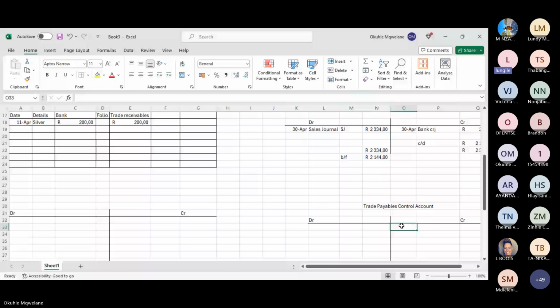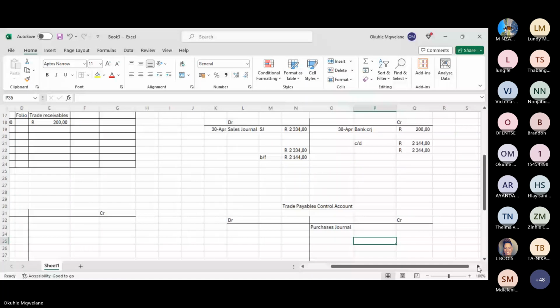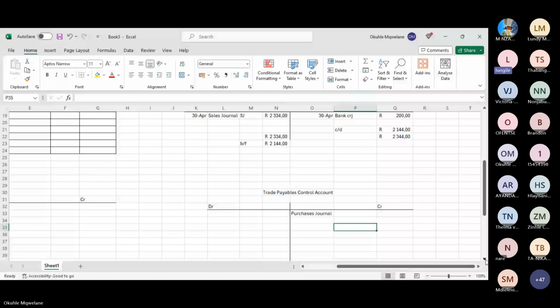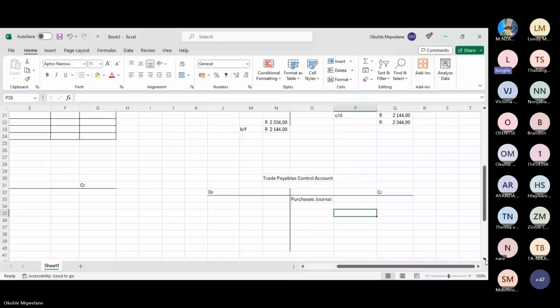Okay, guys, someone on the chat asked a question saying, why did we close the account knowing that we are going to open more accounts? So the answer to that is that your trade receivables control account is not the same as your trade payables. You have to close it. Either way you are going to have to close your accounts. You don't just leave them open. They need to balance.